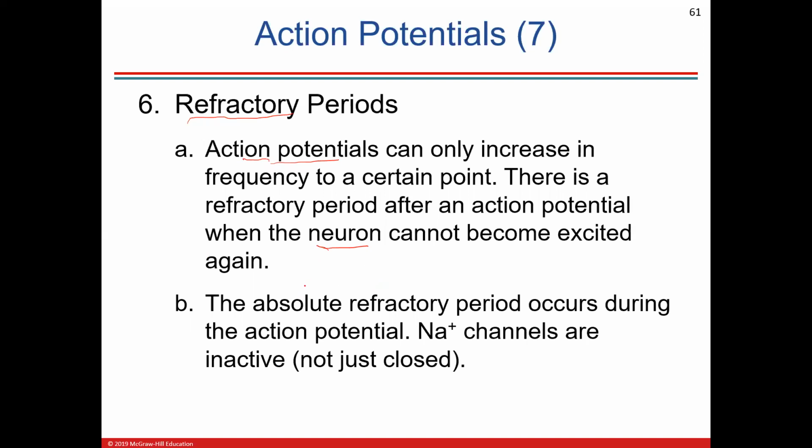So the absolute refractory is when the sodium channels are completely inactive. They could be open, but they're inactive, like you saw in that last picture a few slides ago. So sodium cannot get into the cell, which leads to absolute refractory. No way, no how are you going to get another action potential, no matter what the stimulus is, how strong or how many. And it's a very short period of time.